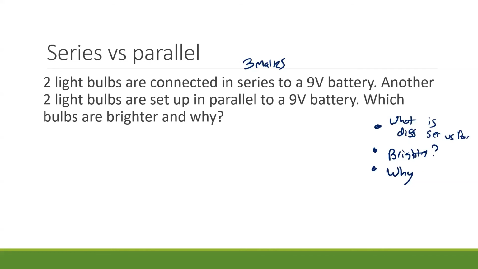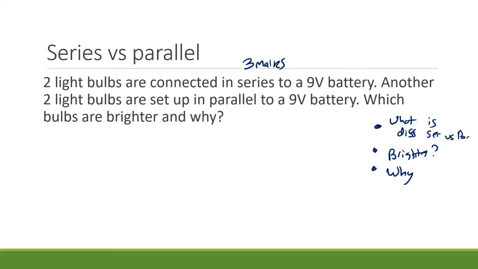I think in the test I actually write it a little bit differently, but it is pretty much, you need to say why are they different? I don't want you to just say, you need to say what is a series circuit. But yeah, if you say the voltage splits in a series circuit, you could just add this to the end of your answer, Reese.